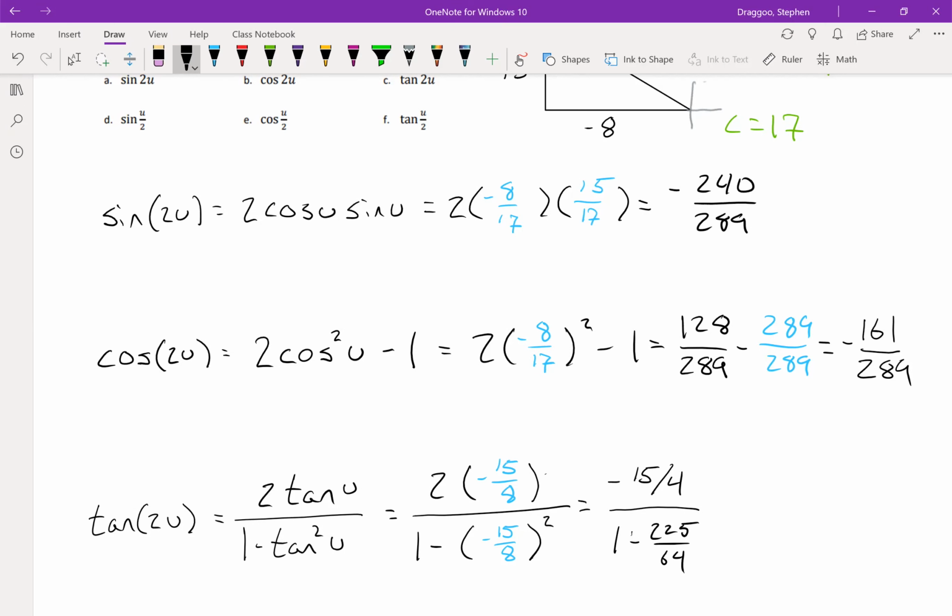We'll simplify by multiplying 64 to top and bottom. So this will be negative 15 times 16 divided by 64 minus 225, which after some simplification works out to 240 divided by 161.